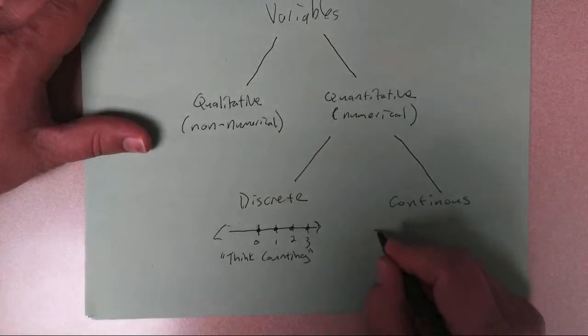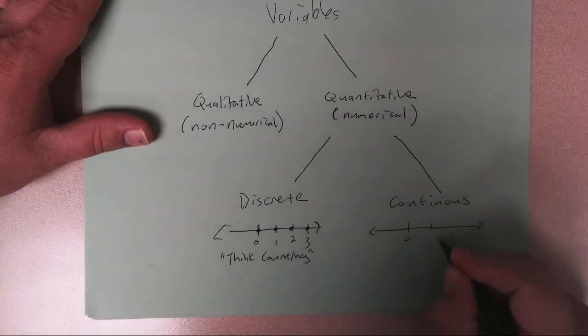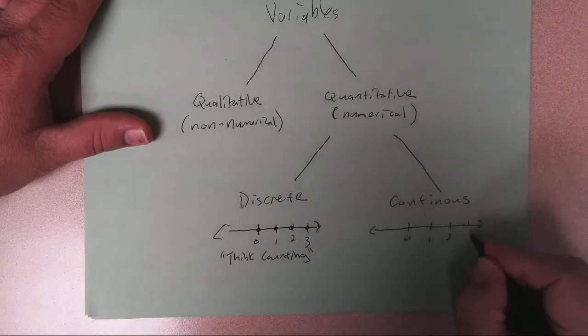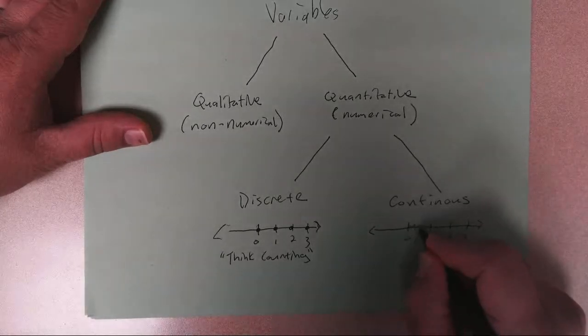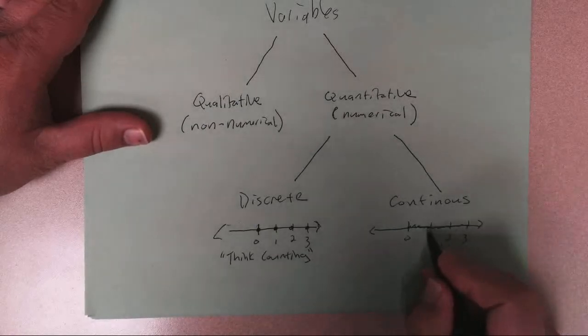Now a continuous variable is a variable that is continuous along the line. It can be any value. So it's not just these discrete points, but any number along the line, and it can stop anywhere in the interval.